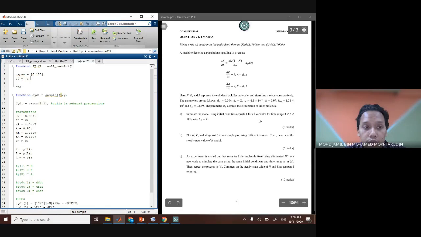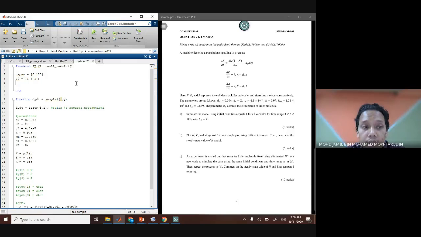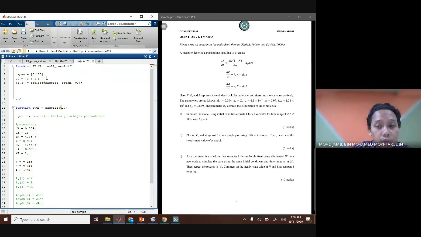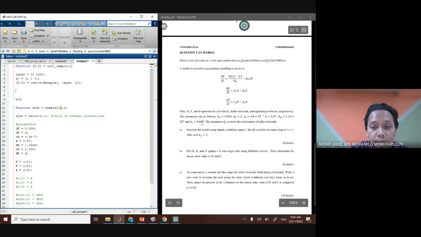So ada tiga ODE, so ada tiga initial condition. Okay, so semua sama dengan 1. And then lastly, you can write the ODE 15 as. So call the function ODE, put time span, and put initial condition. Okay, ada kod ni, dapat dah soalan pertama, soalan A.